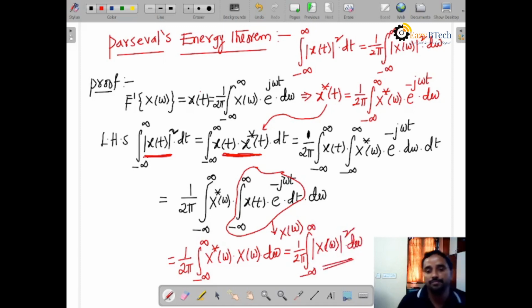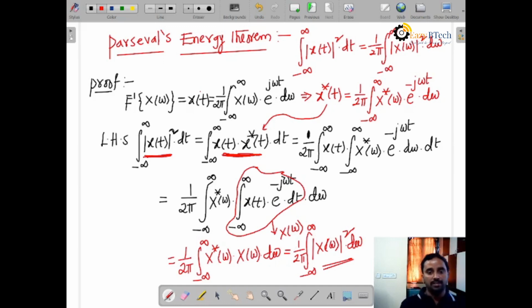This is the proof. Simple. We take only x of t in the inverse Fourier transform formula, and the magnitude square we write as x into x star. The x star we substituted, and I arranged the terms and integrations like this. This integral gives capital X omega, then x star into X omega d omega. X star into X is again the magnitude of X whole square. This is the Parseval's energy theorem.